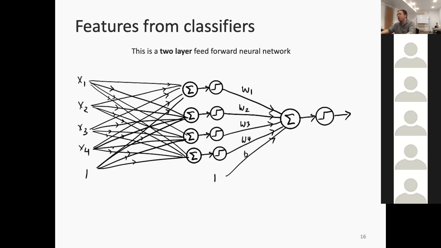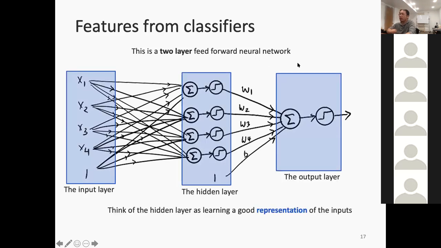Right? So by doing this kind of construction, we actually have built a two-layer feed-forward neural network. So why is it called two-layer? Basically, our two-layer feed-forward neural network consists of an input layer, a hidden layer, and an output layer.